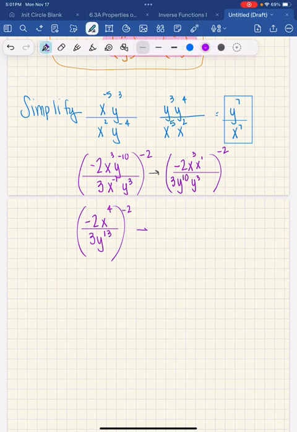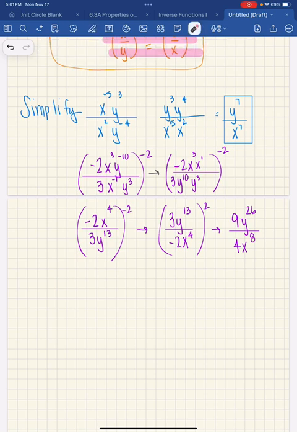Now I am going to flip. I'm going to make it 3y to the 13th over negative 2x to the 4th, and I'm going to square that. I flipped, and I made the exponent positive. This is now 9y to the 26th over 4x to the 8th.